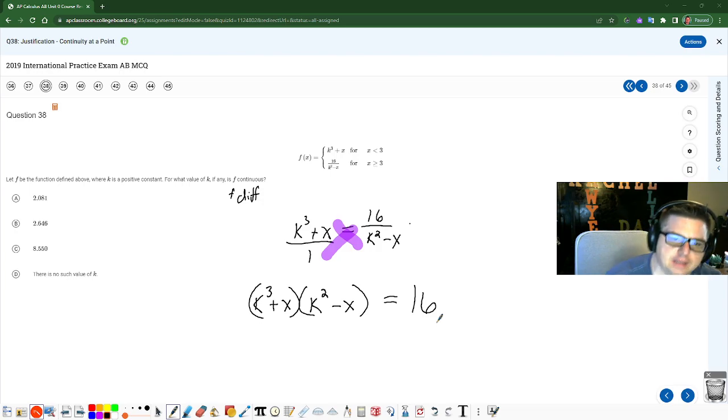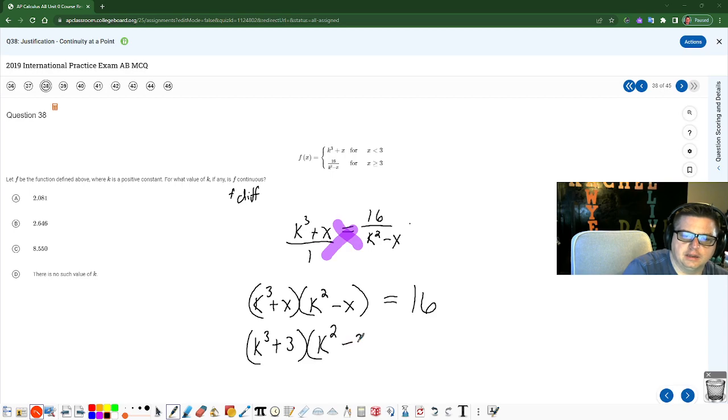And if we continue on this path, we can do all this stuff, right? But what value are we specifically looking at? We're looking at 3. So what we are going to do is we're going to plug our 3 in here.